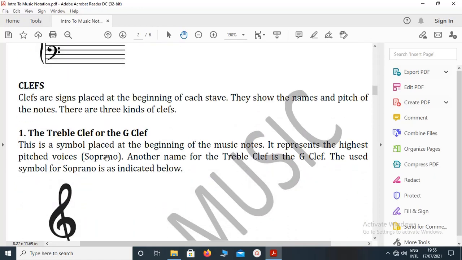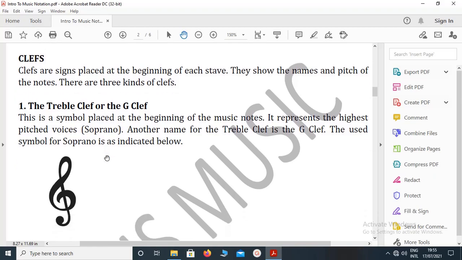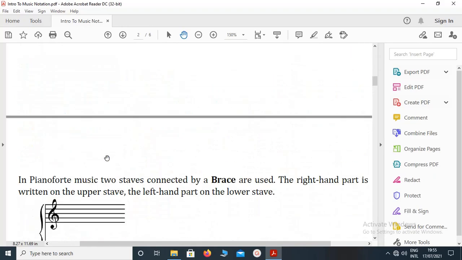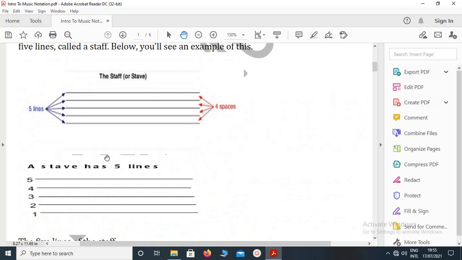A clef is a sign placed at the beginning of each stave. They show the names and pitch of the notes. There are three kinds of clefs. At the beginning of the music, when you look at this line, always at this very beginning point here, there is what we call a clef.